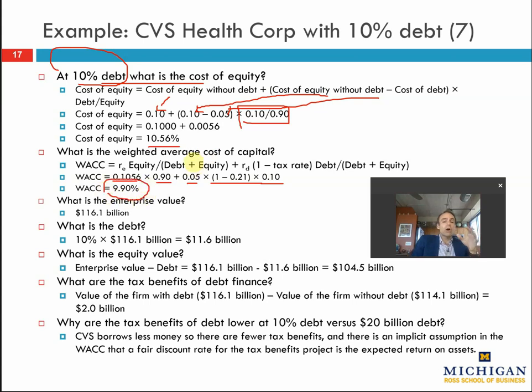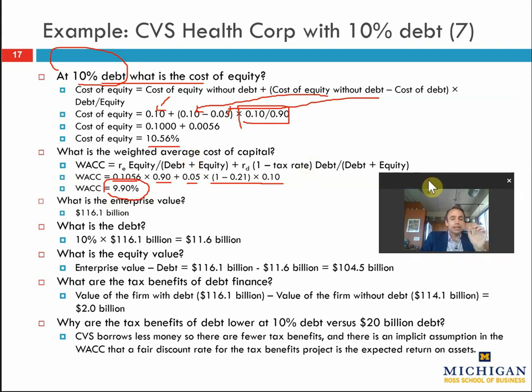If you apply that weighted average cost of capital to the free cash flows for CVS, instead of our baseline 10% figure, you end up with $116 billion of enterprise value. How much debt is there? 10% of enterprise value, or $11.6 billion. And how much equity value is there? Enterprise value minus debt, that's $104.5 billion.